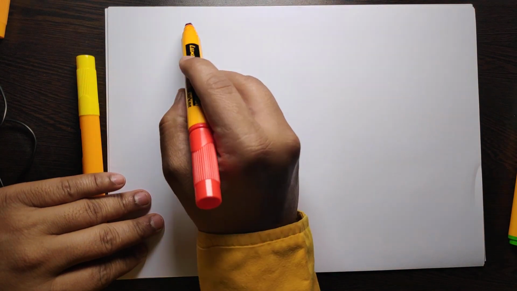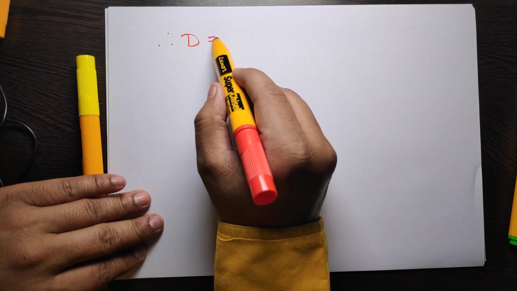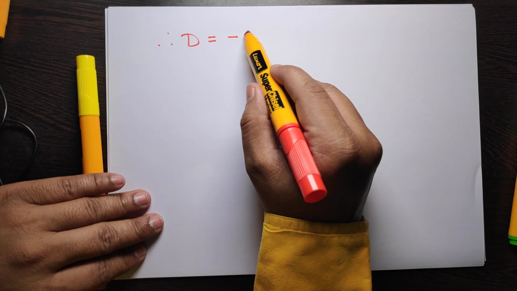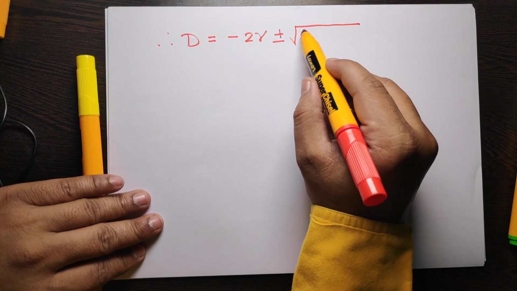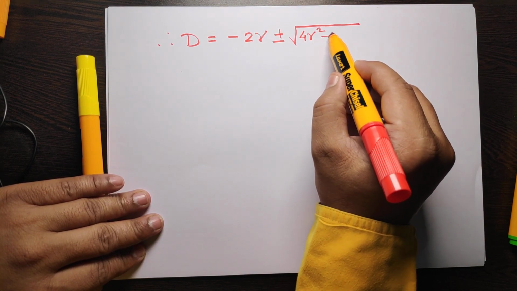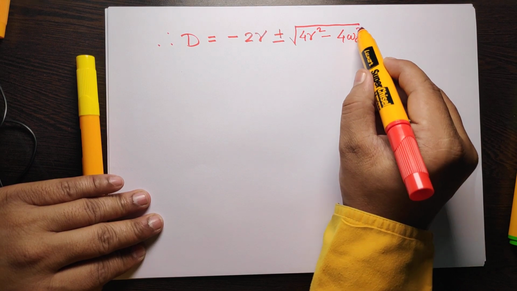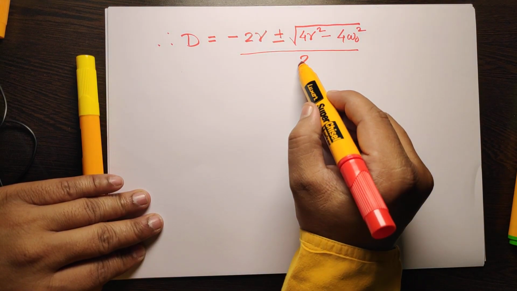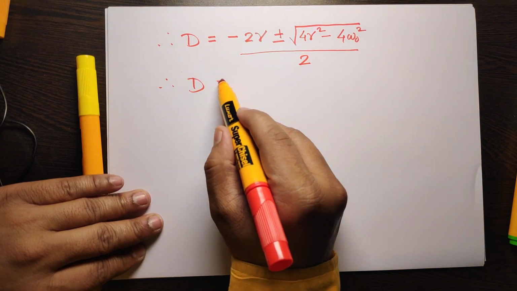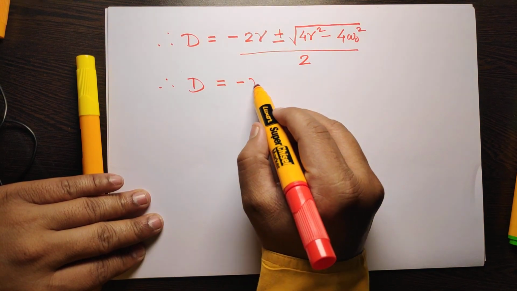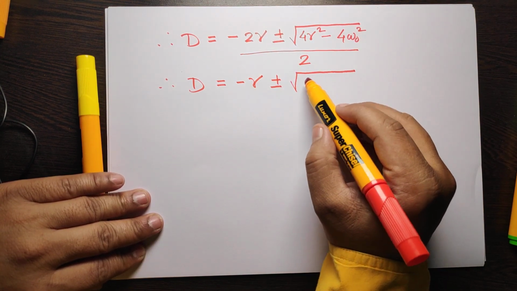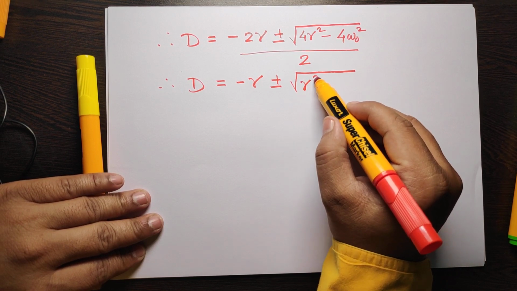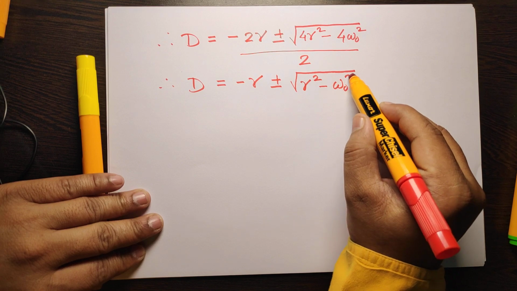So the solution will be D equal to minus 2 gamma plus minus root over of 4 gamma square minus 4 omega naught square, divided by 2. Inside the bracket, that will be minus gamma plus minus root over of gamma square minus omega naught square.